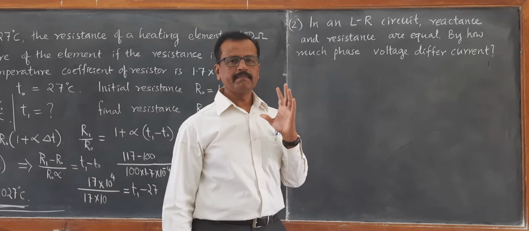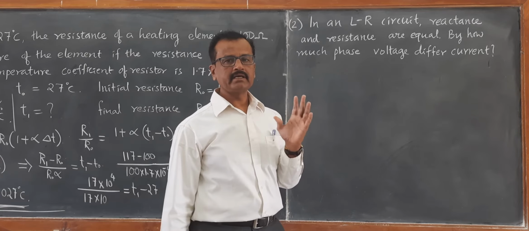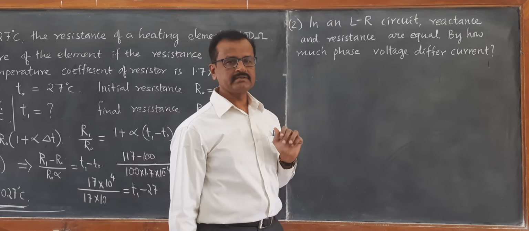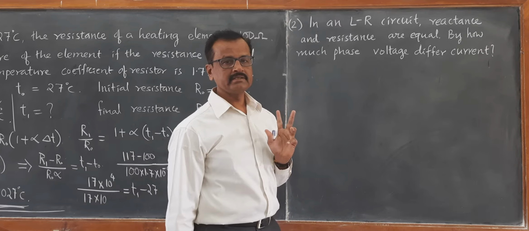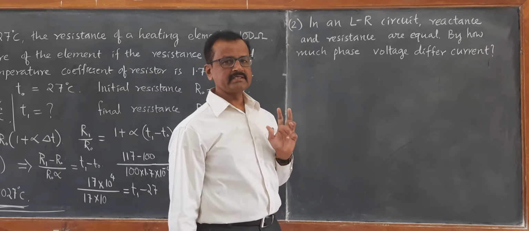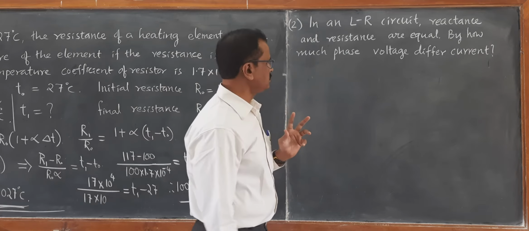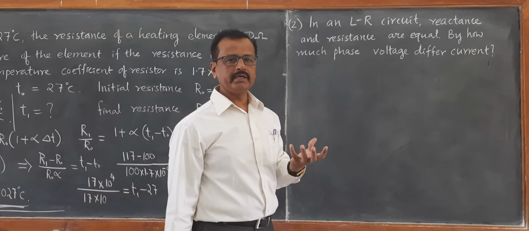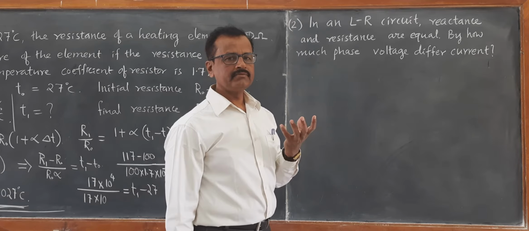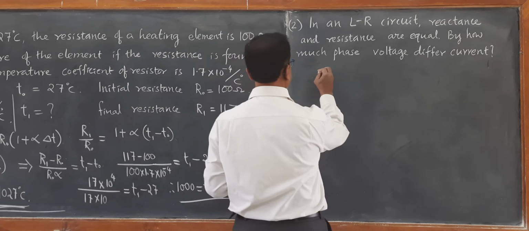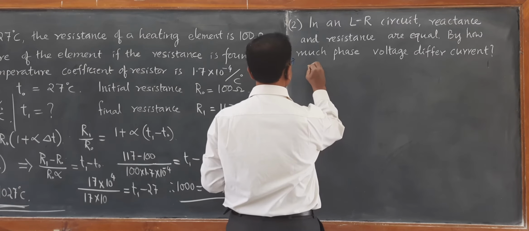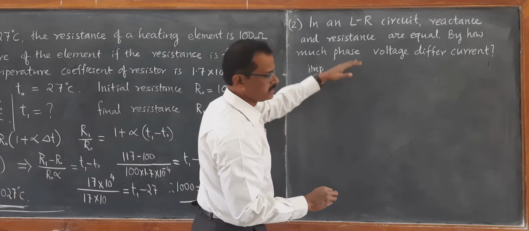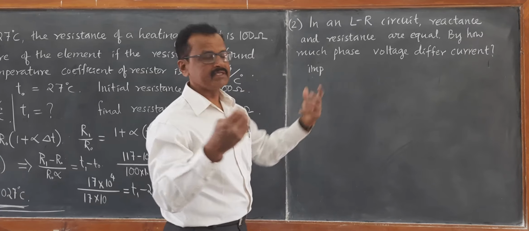We have learnt the LCR circuit, inductor, capacitor and resistor connected in series, the LCR series circuit. In that LCR series circuit, we have the equation for impedance and the equation for the phase. Impedance, just for your information, no need to write all these things, just for revision.